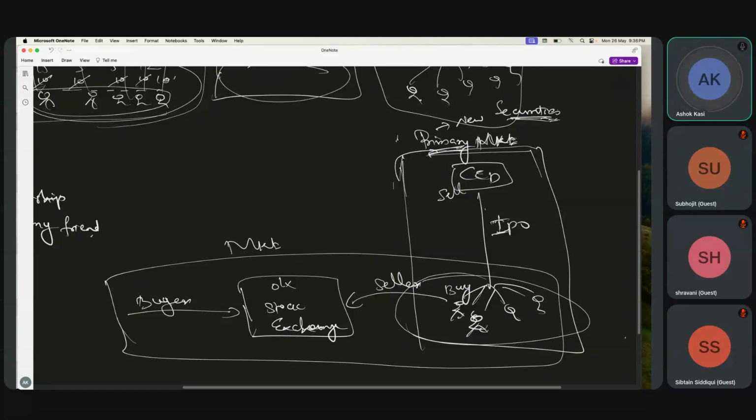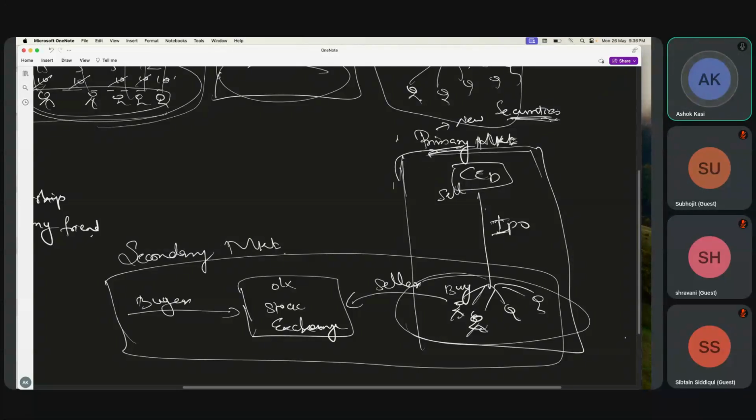Any guesses? No? Secondary. Yes, this is called the secondary market. So secondary means what?